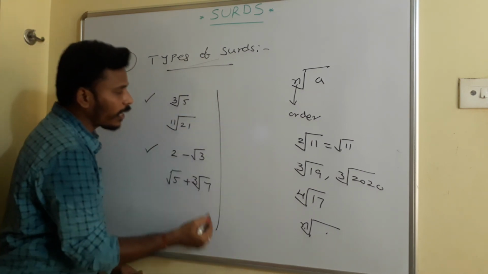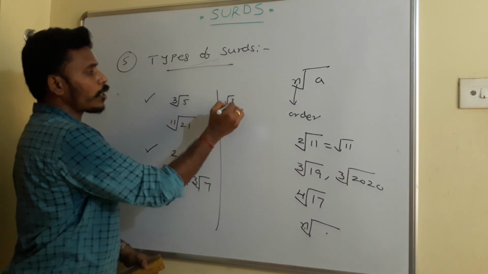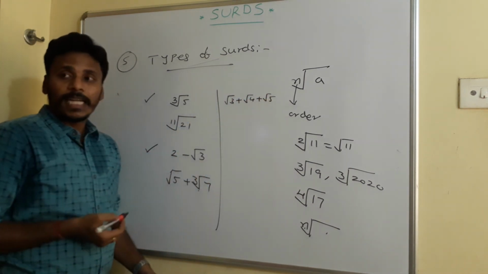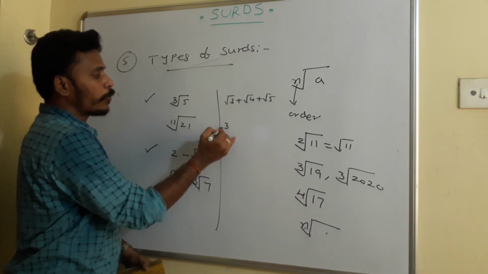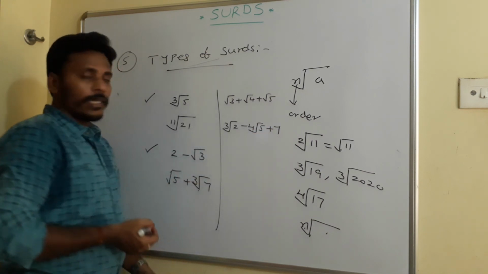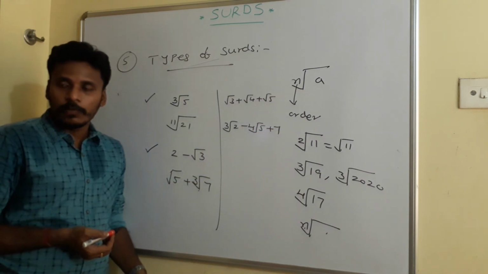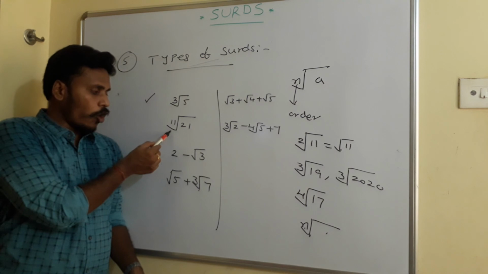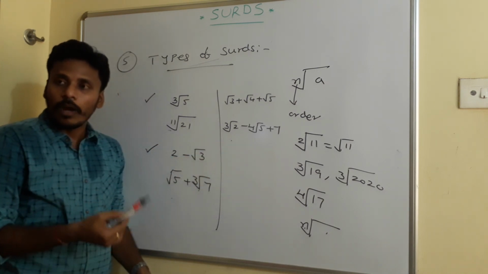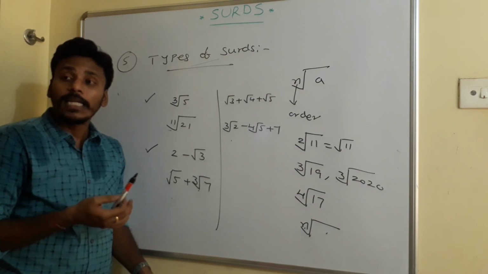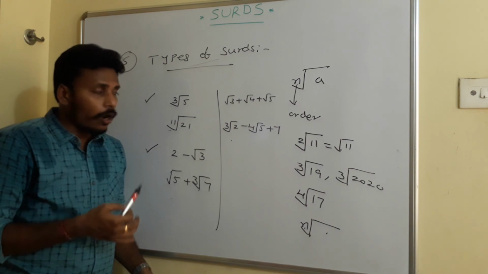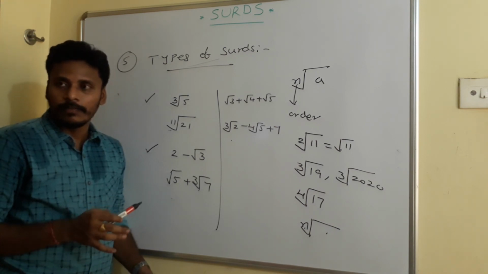If there exist three terms, for example, root 3 plus root 4 plus root 5 is a trinomial surd. And the cube root of 2 minus the 4th root of 5 plus 7, a trinomial surd. Monomial surds, binomial surds, trinomial surds. Likewise, if you continue, we have multinomial surds. If the number of terms is more than 3, then we call all those surds multinomial surds, right?